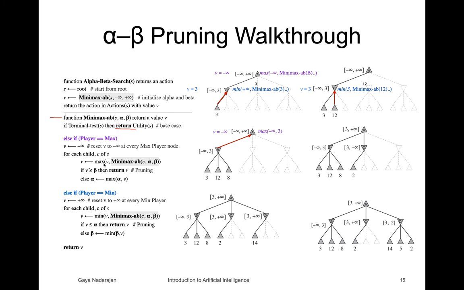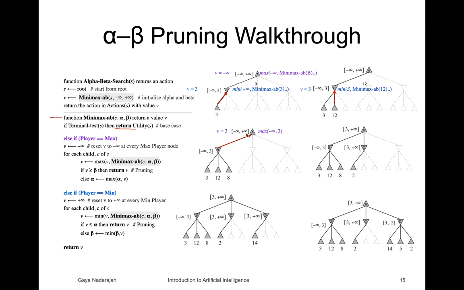Basically it was initially called with the max of the initial value of v, which was minus infinity, and the value that was returned from the minimax AB call to its child. It turns out that this value was 3 just now. So now v will be the maximum between these two values, and that is 3. So now v gets the value 3. Then it's going to check if v is bigger than or equal to beta.